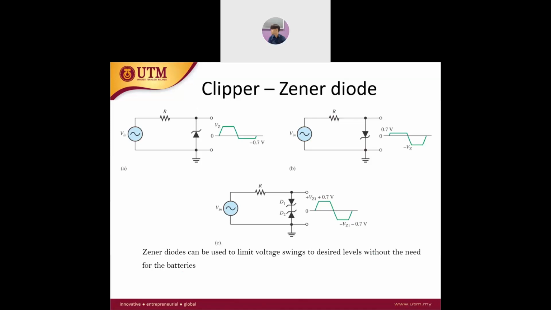Imagine these three conditions, A, B, and C. If you see the positive cycle, which is this one, we can see that the ZENER diode is actually turned on because it's opposite polarity, so it operates in the breakdown region.